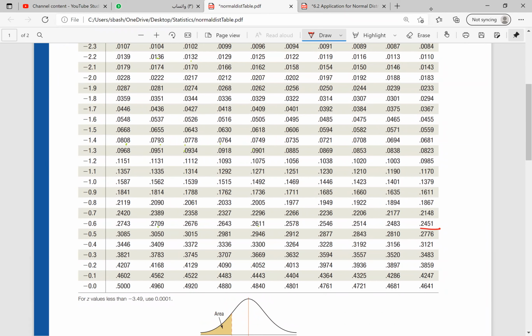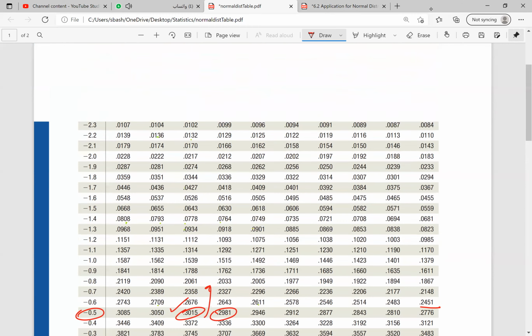see the closest one to 0.3 will be, I have this one and this one, 0.2981. Sometimes we need to find the average between these two to be more accurate. Or I will choose the closest one to 0.3, that will be this one, 0.3015. We can take the average between 0.3015 and 0.2981.